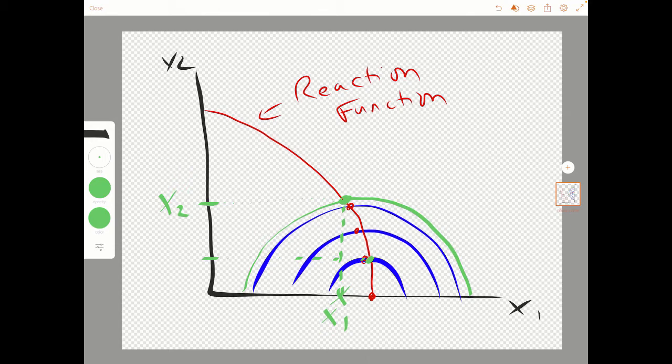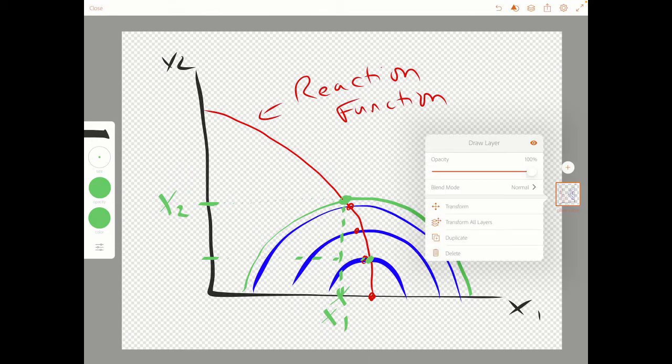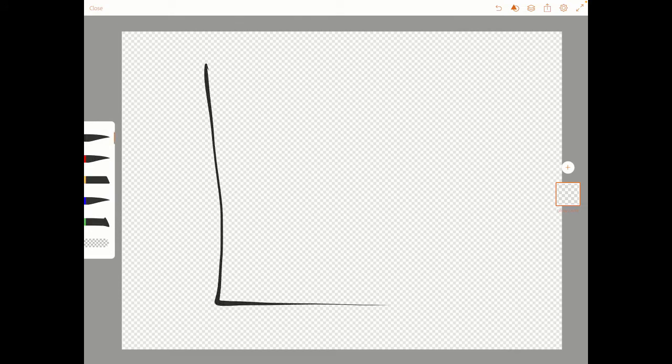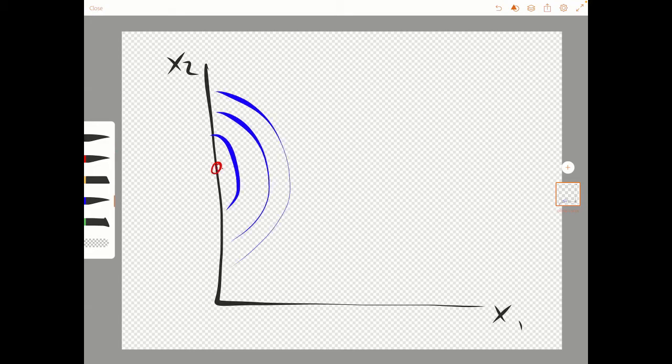The reaction function for firm 2 is found in the same way. So we'll just draw this one last time. We connect the peaks of the hills, and that kind of starts to taper down towards the x-axis. And this is firm 2's reaction function.